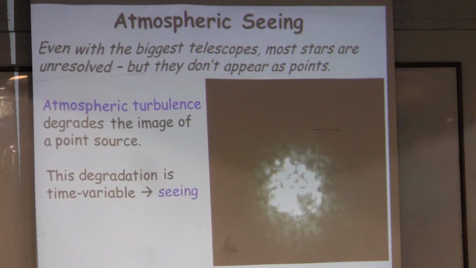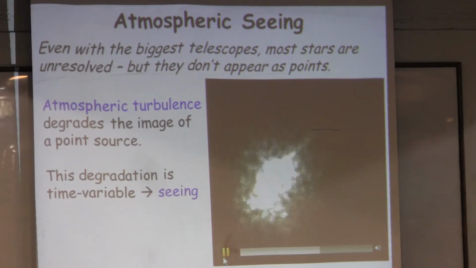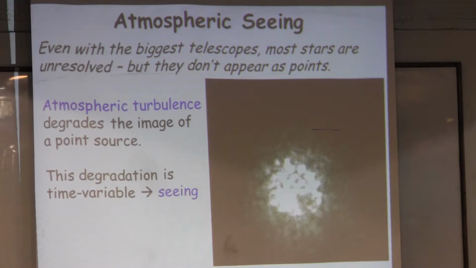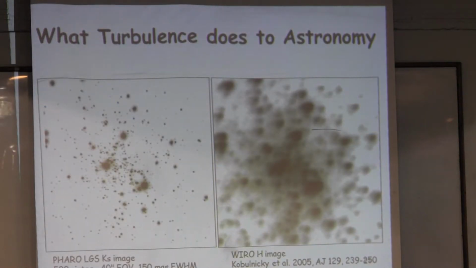And of course, if you now take a long exposure, as I said, this is a movie of short exposures, maybe 1 second altogether for a bright star. But let's say you integrate for half an hour. Then you would get an average of all that. And the average looks something like that. All the stars are some blurred blobs.